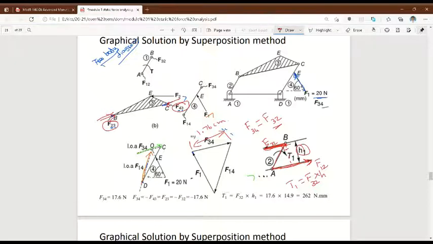In the scale we had 1 centimeter equal to 10 Newton. So 1.76 means 17.6. The H value is 1.49, so 1.49 means 14.9. 17.6 into 14.9, we got the answer as 262 Newton millimeter. Everything is in millimeter.